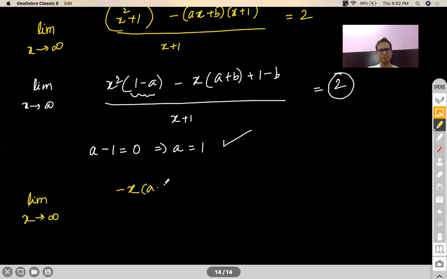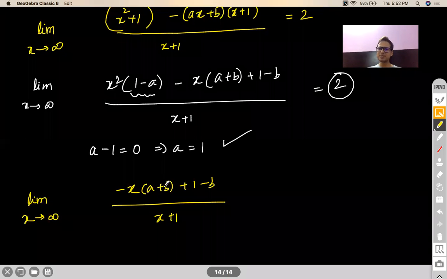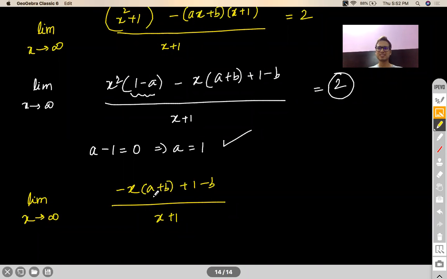Now, having said that, your limit boils down to minus x by a plus b plus 1 minus b by x plus 1. Now, let's say if your a plus b was also 0, then your answer would have been 0 actually. I agree it is to be of a degree lesser than 2, but it cannot be of a degree lesser than 1. It has to be exactly 1. Because if it is of a degree lesser than 1, that means a constant by linear, your answer would have been a 0.